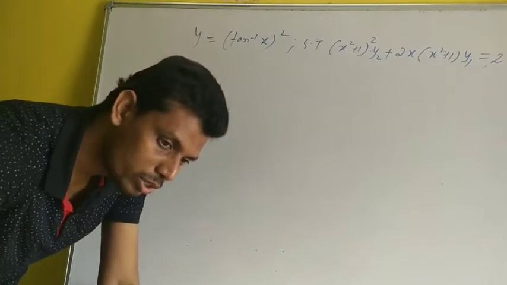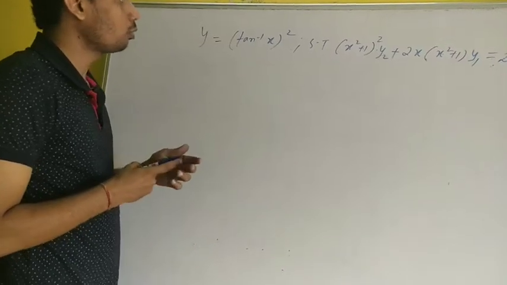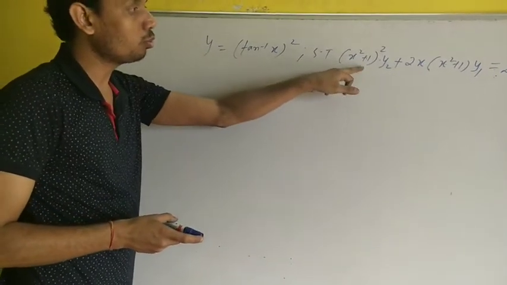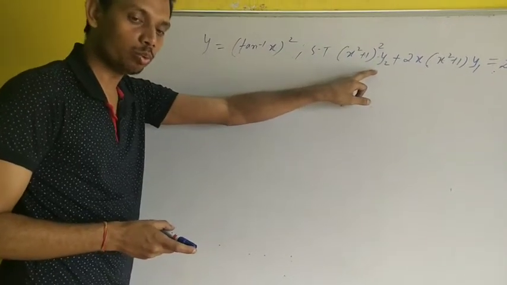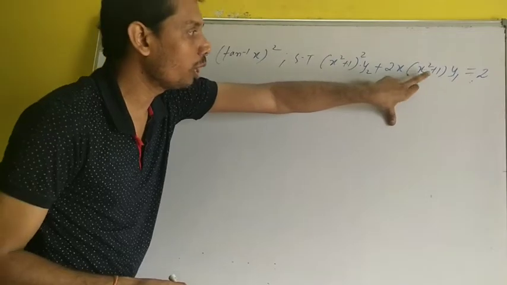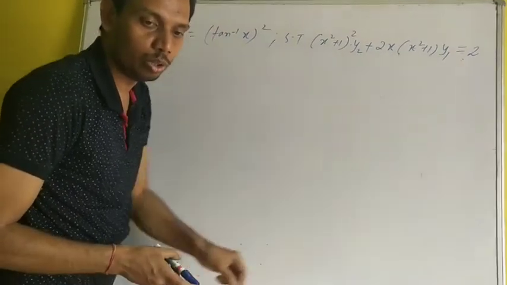Take a look at this question. Here the value of y is (tan inverse x) whole square. What we have to prove is (x square plus 1) whole square y2, that is d square y by dx square, plus 2x (x square plus 1) into y1, that is dy by dx, is equal to 2.